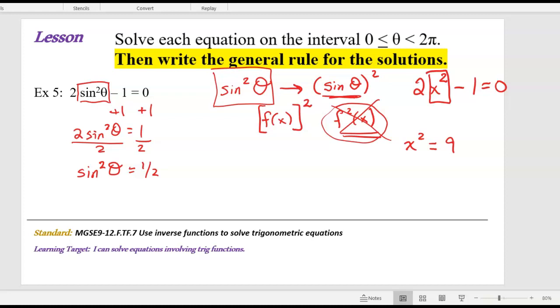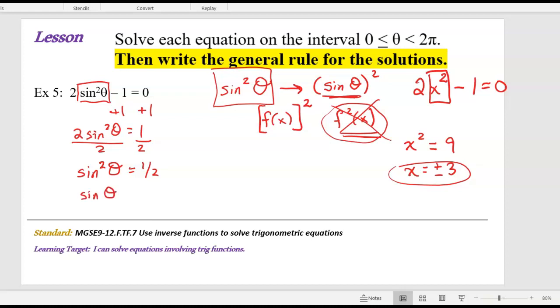Now, I just want to remind you, there are two numbers that make this equation true. 3 squared is 9, and negative 3 times negative 3 is also 9. So when you take the square root of both sides, don't forget plus or minus. Always two solutions. So when we take the square root of both sides, the square root of the left side is just sine of theta.